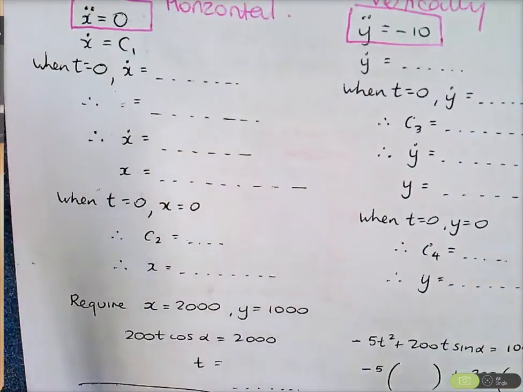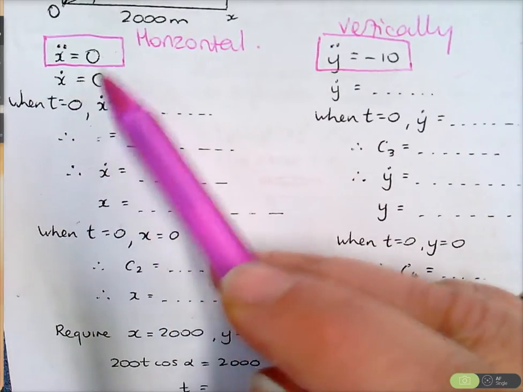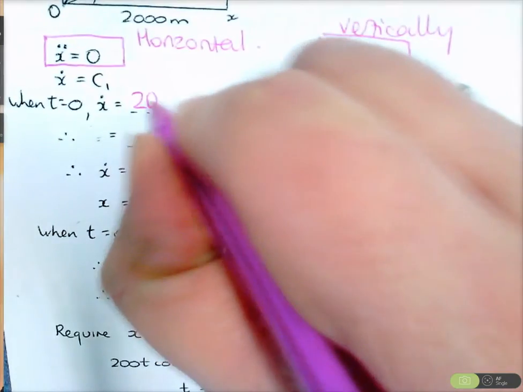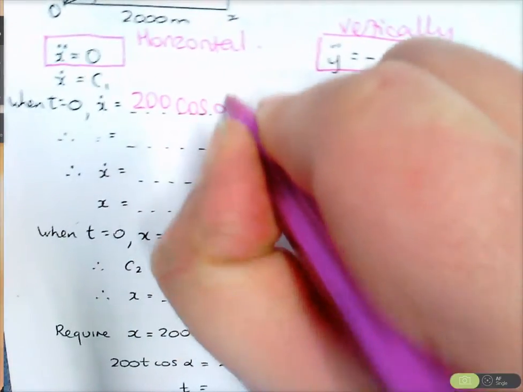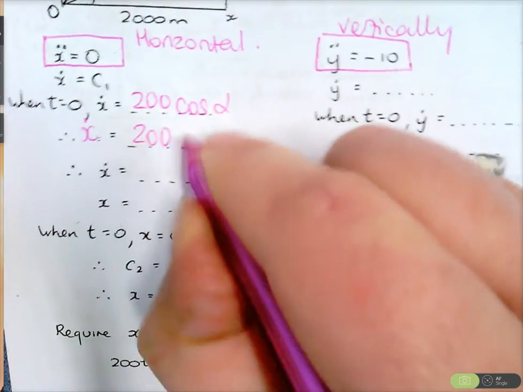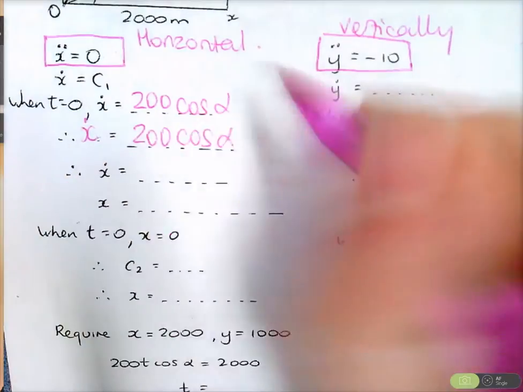So let's look over here. Horizontal acceleration is 0. X dot is the integral of 0, which is a constant. When t is 0, x dot is 200 cos alpha. Oh, sorry, girls, I don't mean to write that.